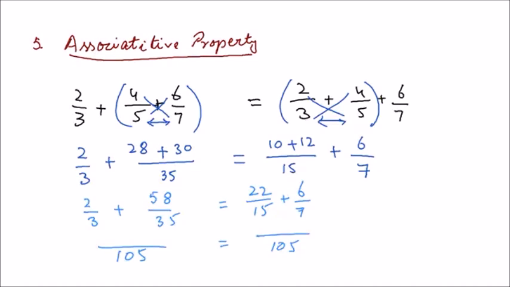We get LCM 105, and first we multiply 7 with 22. In the same way here, multiply 35 with 2, we get 70. And now multiply here 3 with 58.